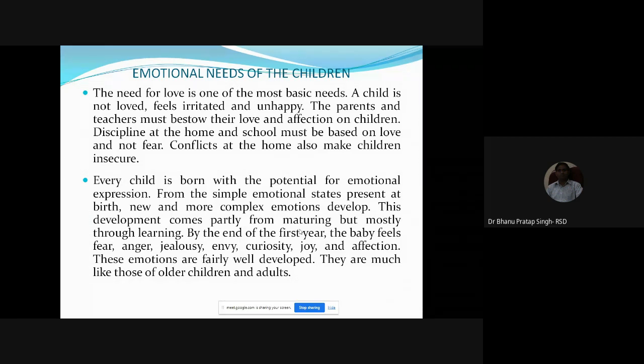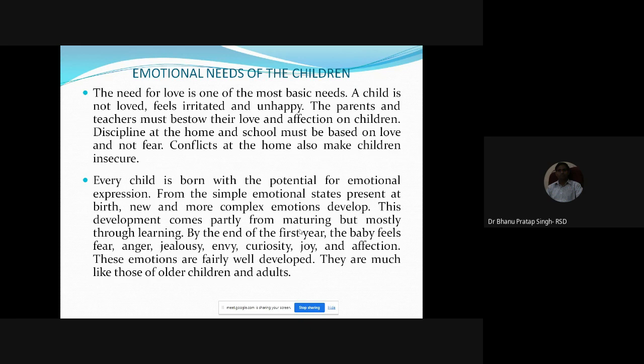So what are the emotional needs of the children? The need of love is one of the most basic needs. A child who is not loved always feels irritated and unhappy. So the parents and teachers must bestow their love and affection on the children.